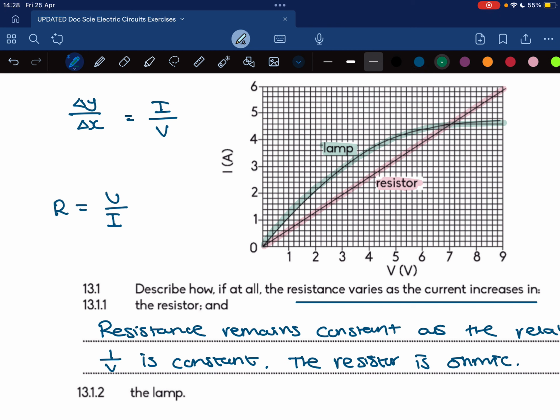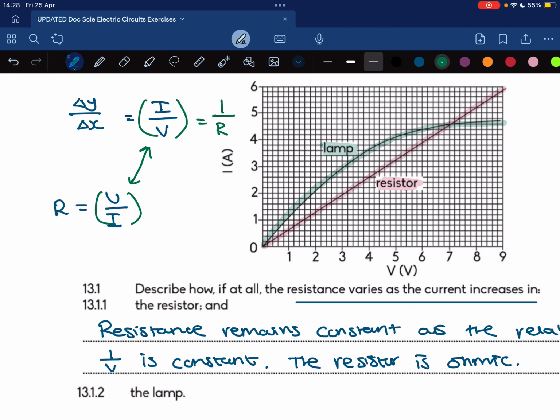If you think about it, these two are inverses of one another, which means that I over V is actually 1 over R. So if we are specifically trying to figure out the resistance, it still helps us to see it, but it's the relationship of I over V which is constant. Okay, so just be aware of that.